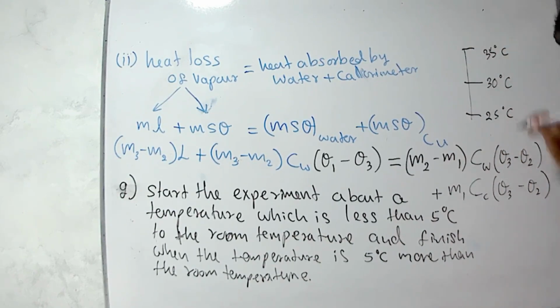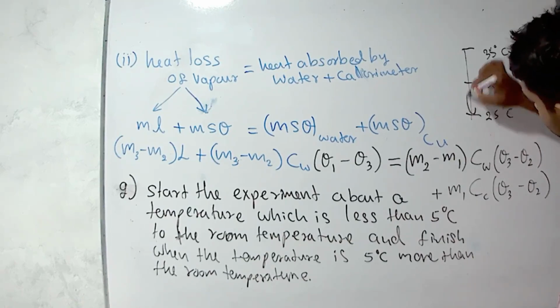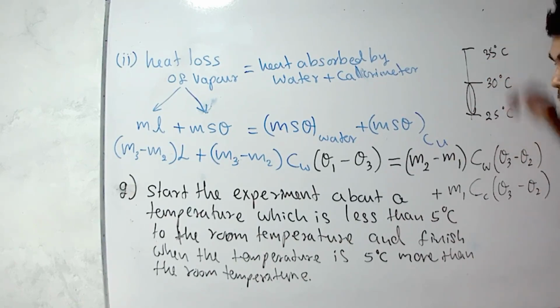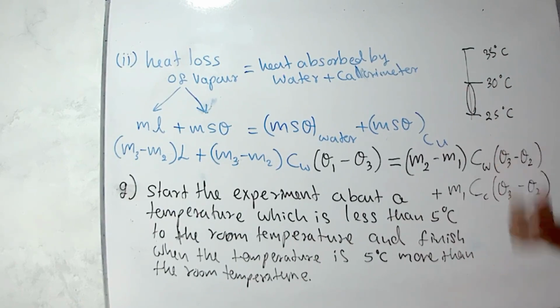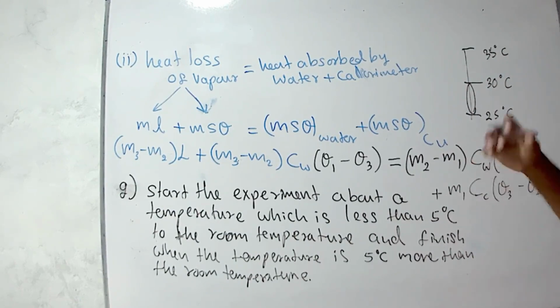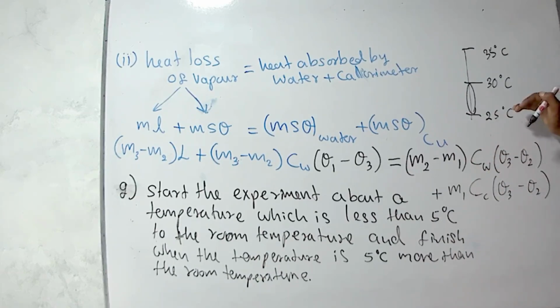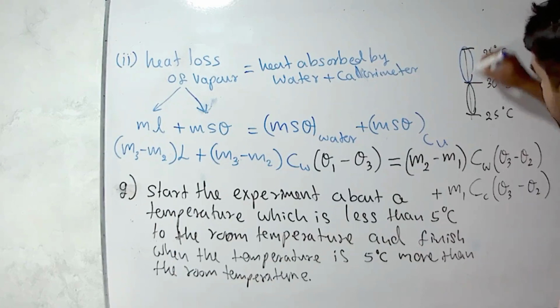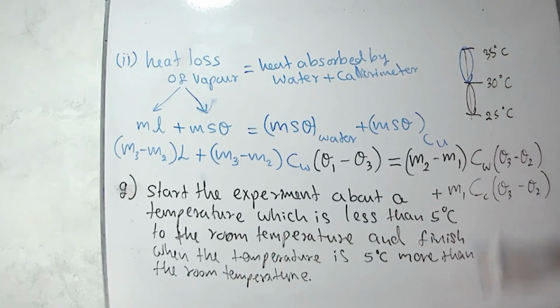Therefore, for the part from 25 to 30, there is heat absorption by the system from the environment because the temperature of the system is less than the environment temperature. After passing room temperature, in this region there is a heat loss to the environment.